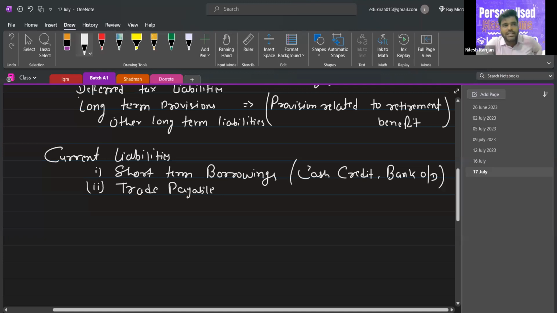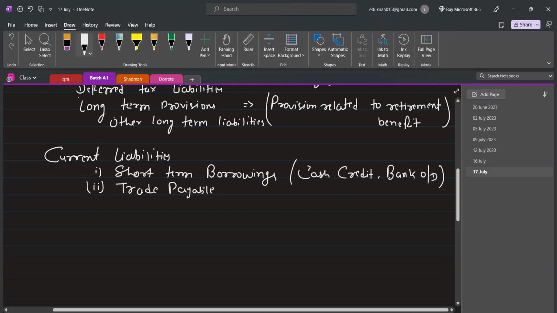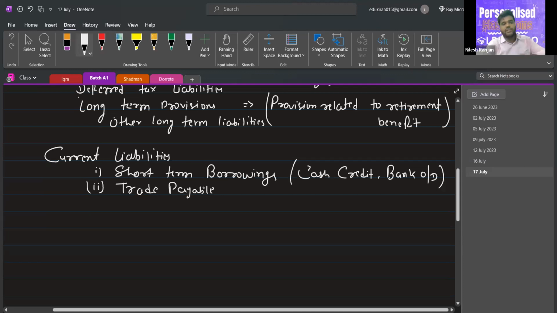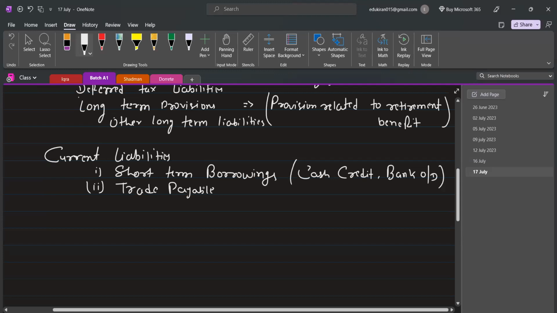They are small businesses, they cannot suffer these type of losses. So that's why government now classified these trade payables into two categories, that you will have to show the liabilities which is payable to micro and small enterprises. So you should pay those liabilities on time. Okay, sir. So trade payable is now classified.